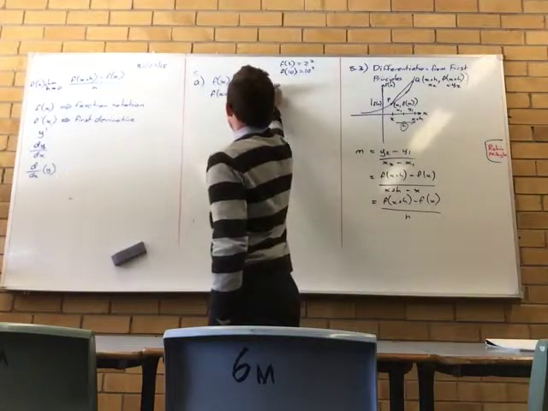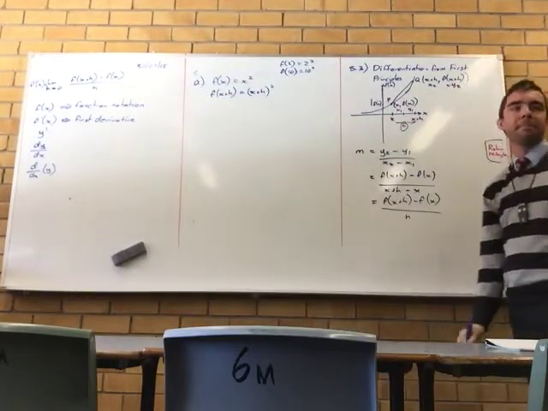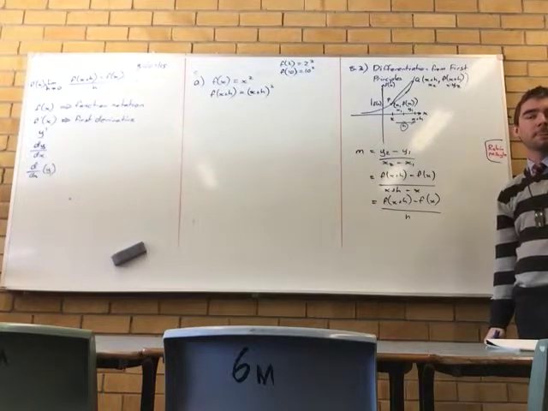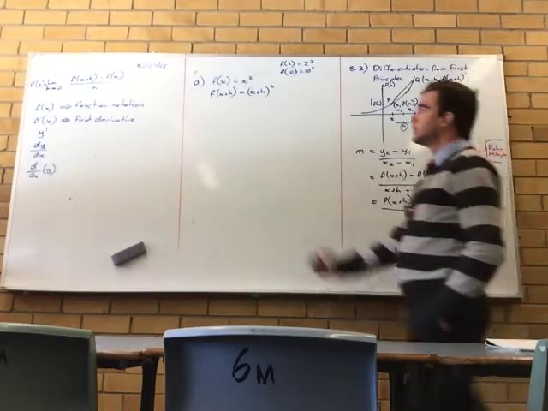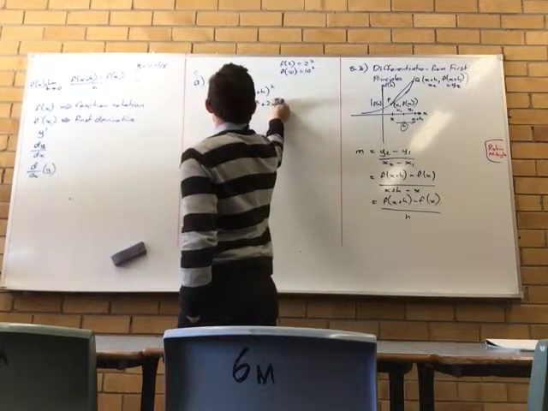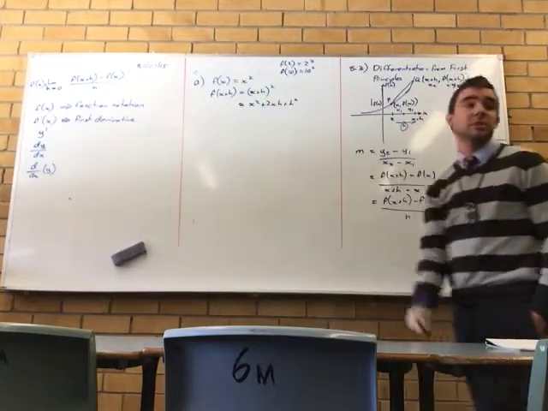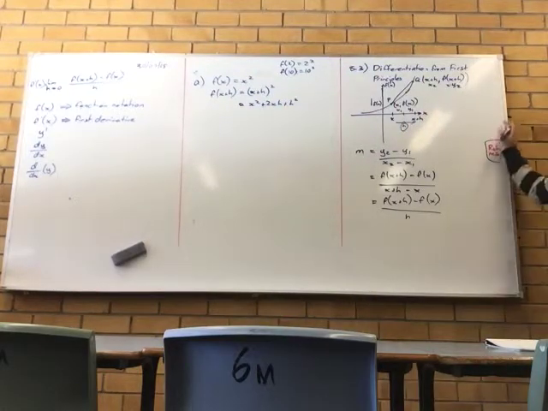So f of x plus h is going to be x plus h all squared. Alright, so we need to expand that. x squared plus 2xh plus h squared. And of course, we're all masters of expanding a quadratic like that.